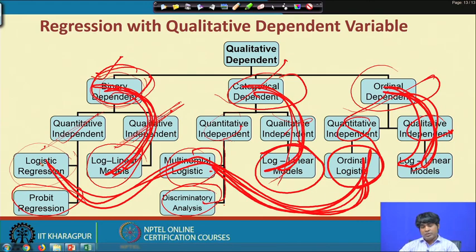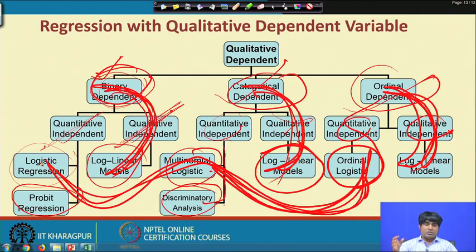So, this is the kind of classification we have in qualitative response regression modeling, where the common structure is that the dependent variable will be qualitative, and it differs in two ways. First, the various functional forms: the simple linear format and two different nonlinear formats, logit and probit.